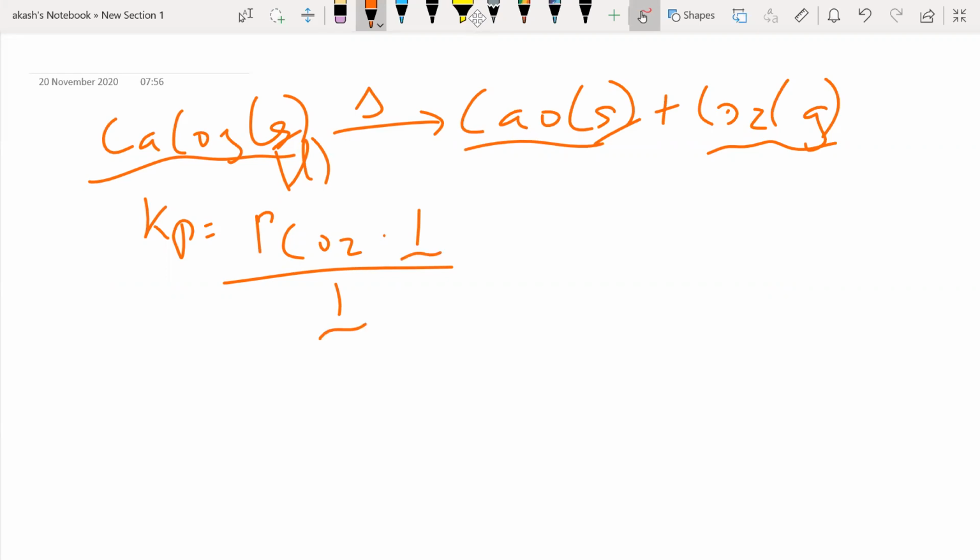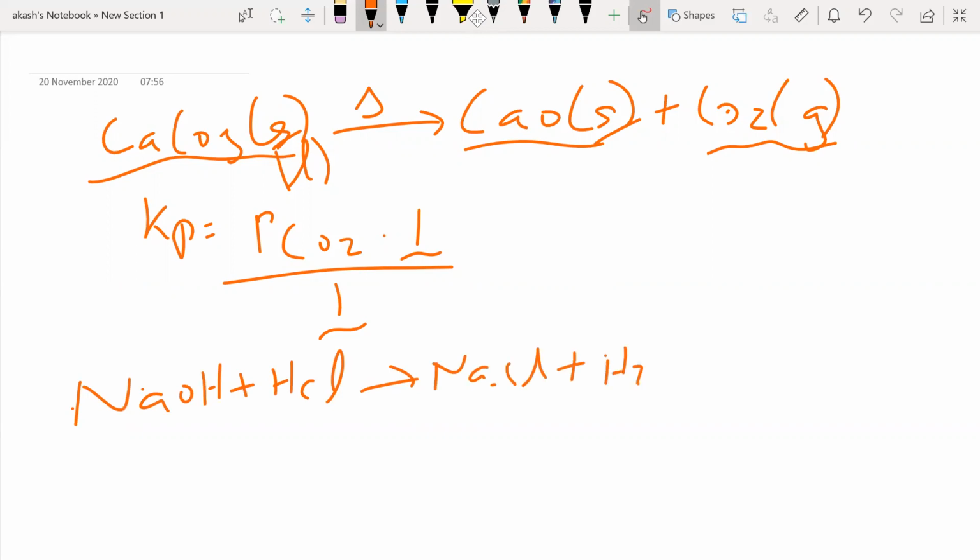Say I want to give you another reaction. I can take NaOH itself. NaOH plus HCl gives NaCl plus H2O, and this is a liquid, and all the others are aqueous solutions.